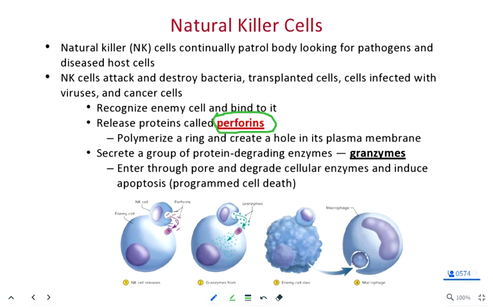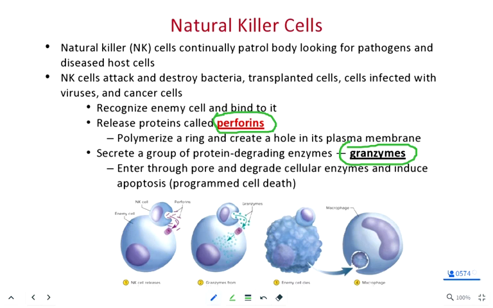They make a hole, and the hole kills the cell. When we look at the other way that natural killer cells can destroy or trigger autolysis, they can do that by releasing granulozymes. And these granzymes, sometimes referred to as granulozymes, are enzymes that focus specifically on destroying proteins intracellularly.